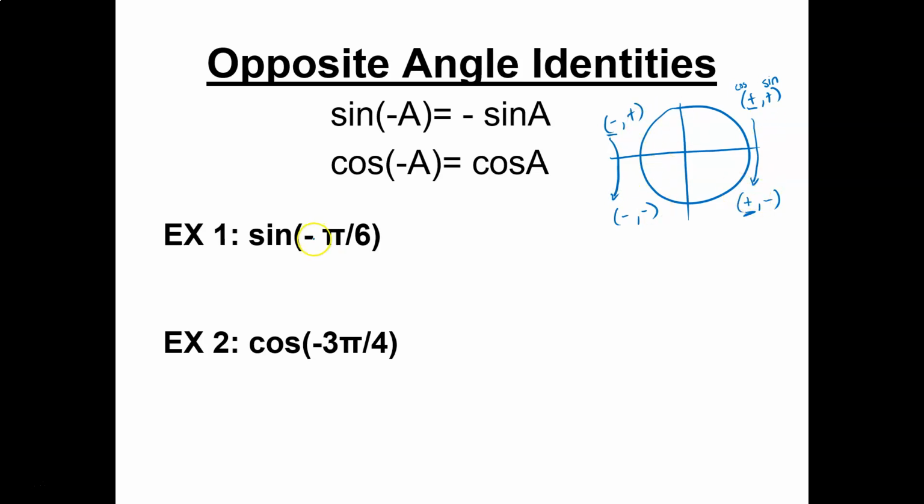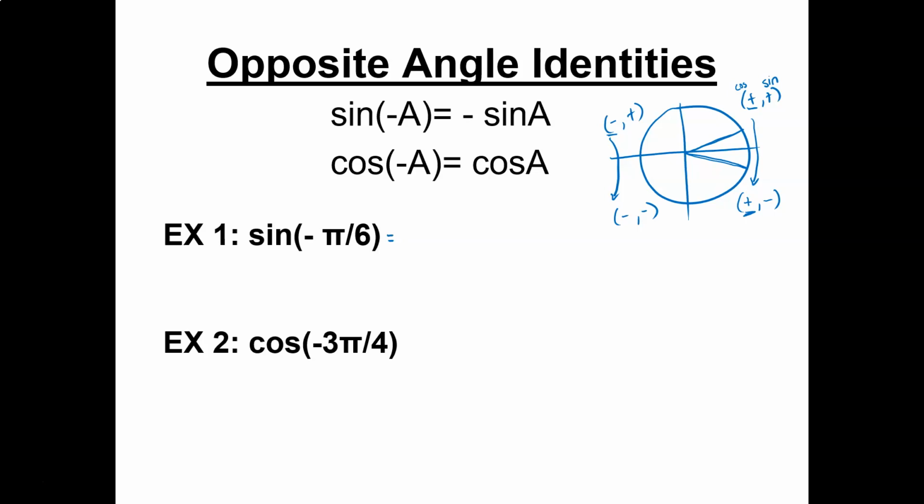So whenever we have sine of negative pi over 6, so pi over 6 would be here, sine of negative pi over 6 is here, we get the same absolute value, but we're going to get the opposite sign. Whereas with cosine, if we did the same thing, pi over 6, we would get the exact same value. So this is just something you can use with your unit circle.